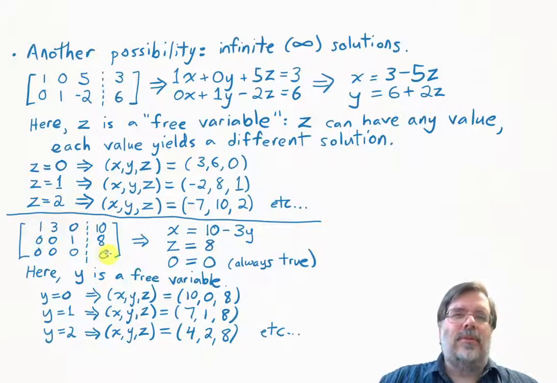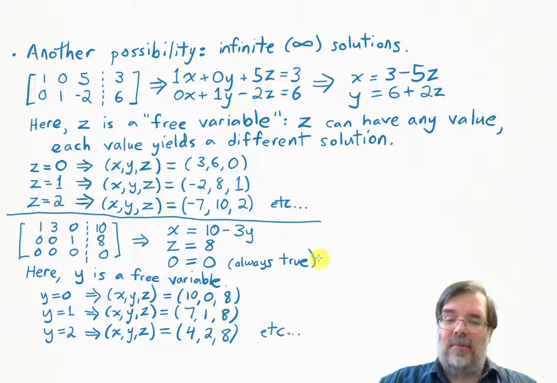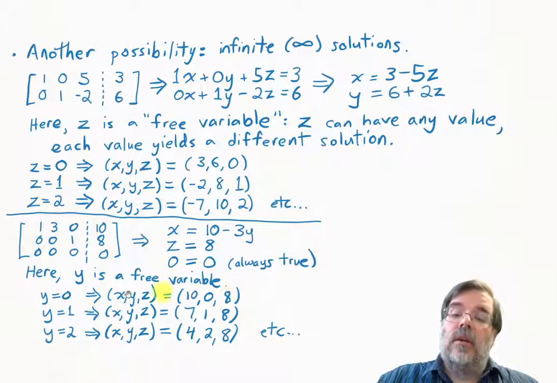The last row's kind of strange. Almost everything drops out, and you're left with 0 equals 0, which is always true and not useful. It doesn't give you any new information. No matter what you pick for x, y, and z, you don't have to worry about this equation. In this case, we can solve for x and we can solve for z, right? The variables in the positions corresponding to the ones, but we can't solve for y. So here, y is a free variable.